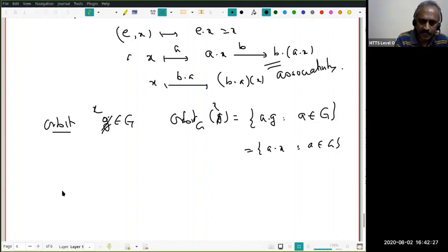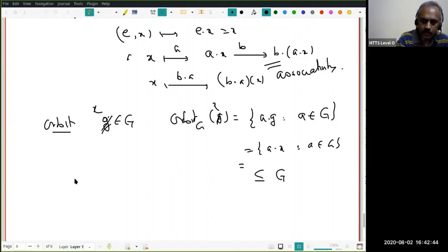A is an arbitrary element of the group. I am looking at the product A dot x as A varies now. Notice that this will be a subset of G. That's clear, right?